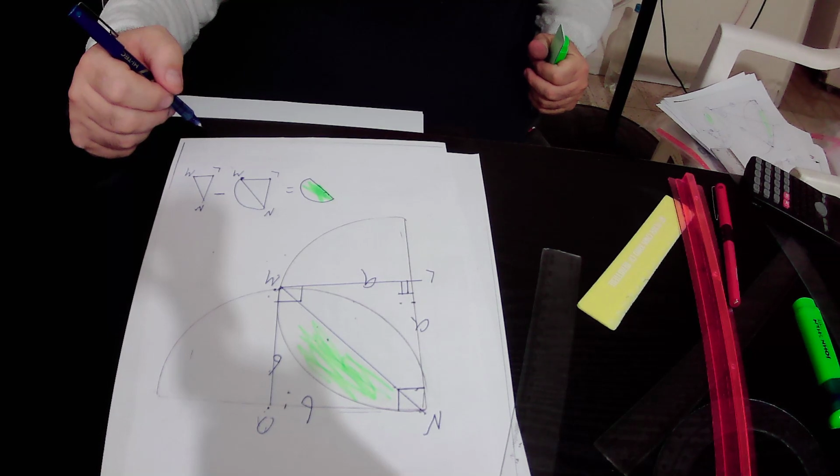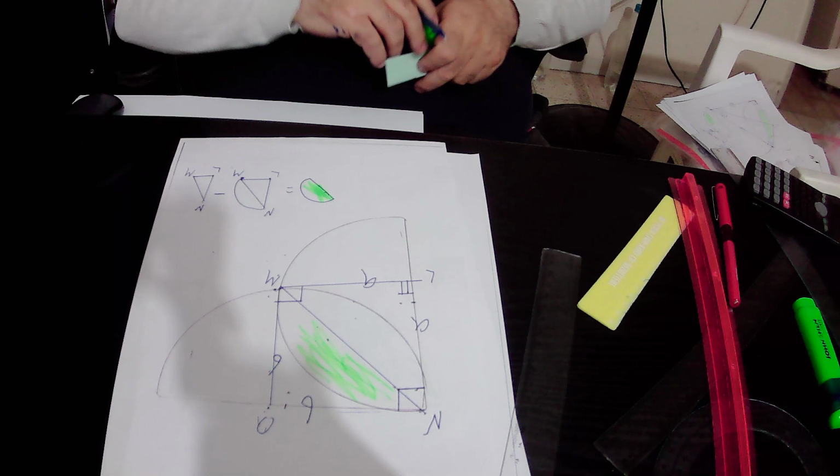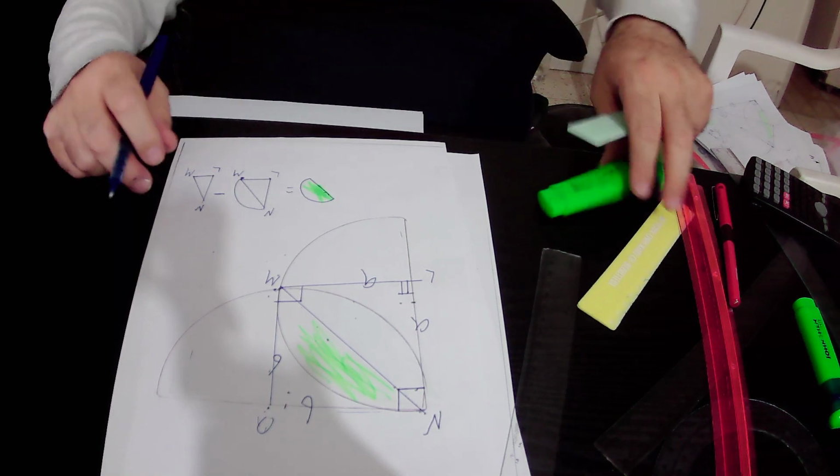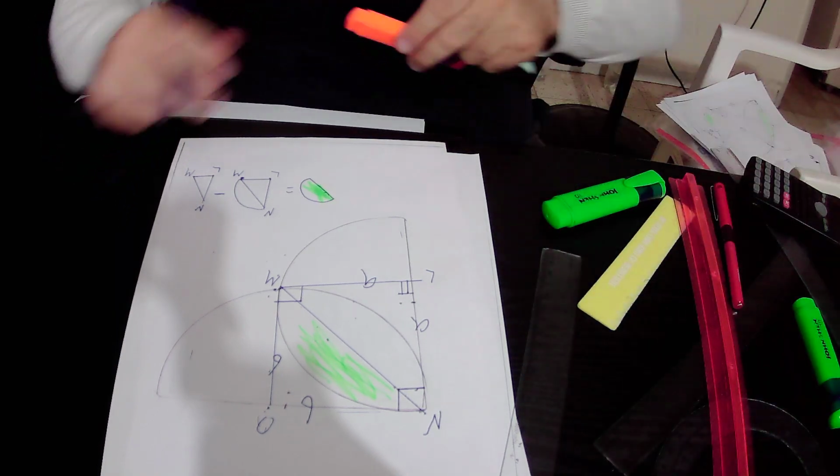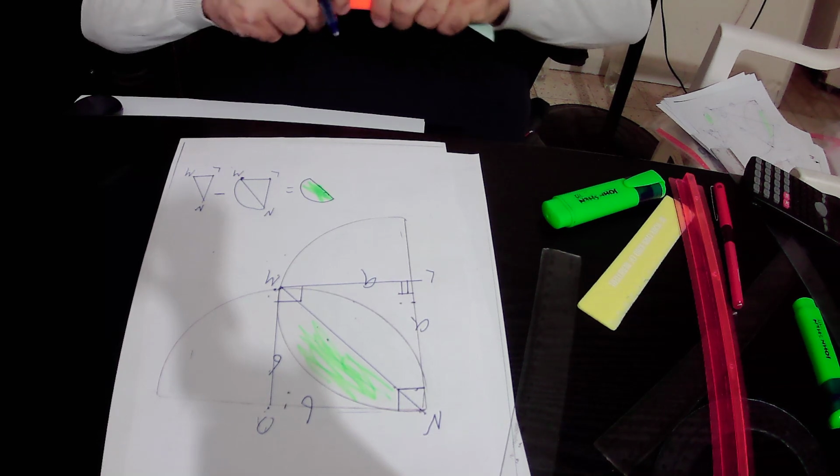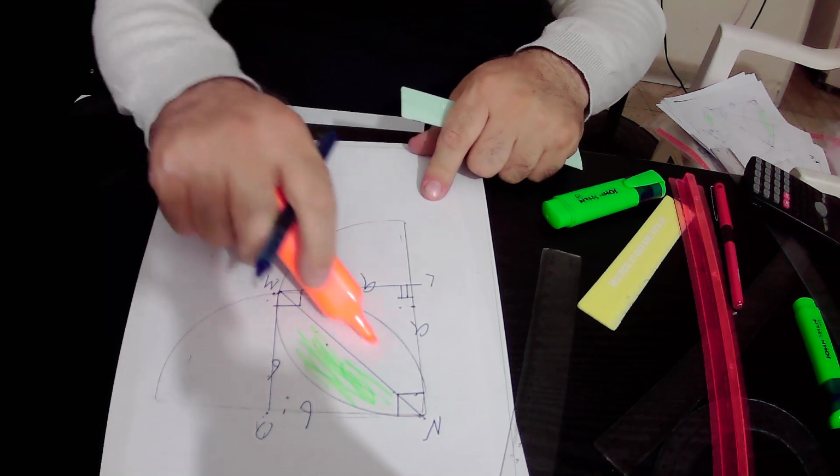And what is the area of the orange circular segment?